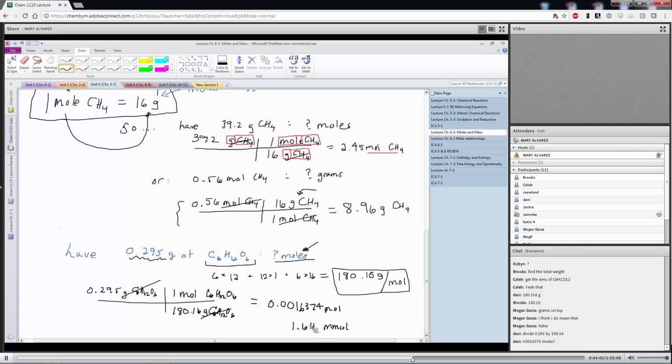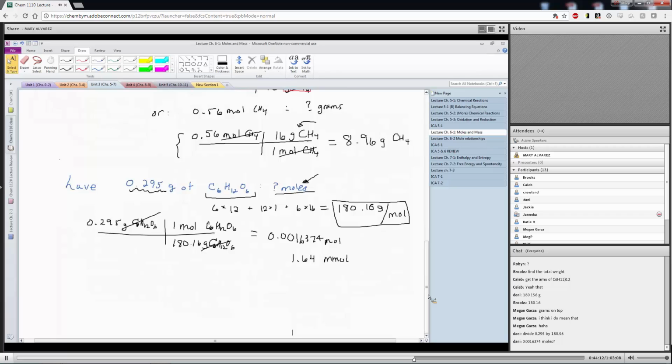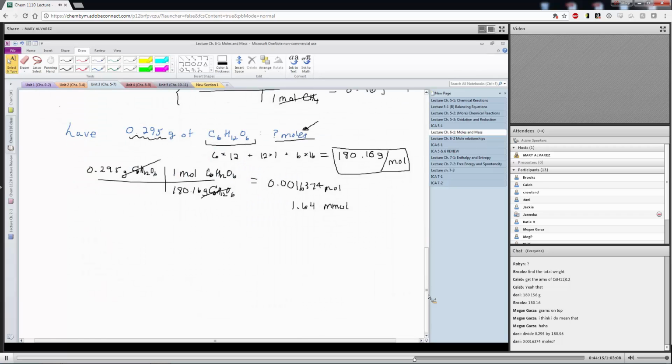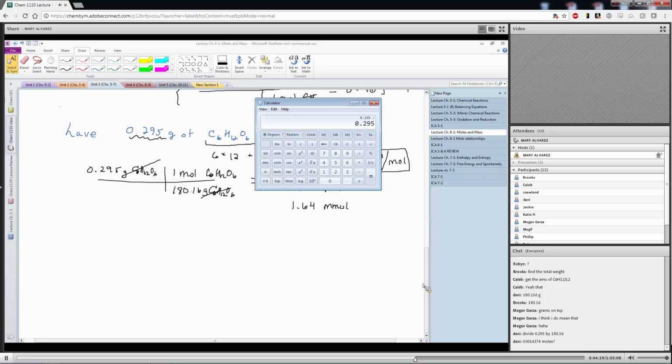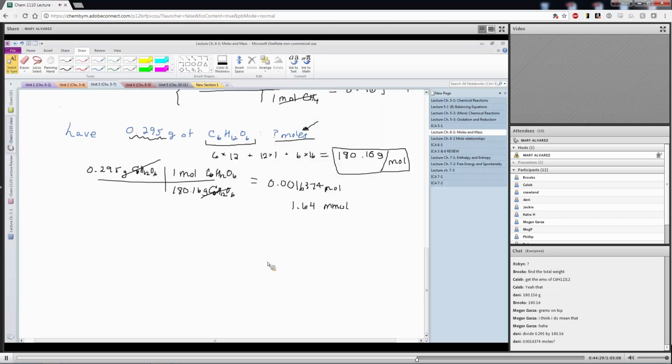But the milli means times 10 to the minus third, so we can move that over. It's another way of looking at it. You guys with me here? We did 0.295 divided by 180.16, and we got 1.64 millimoles as our answer. Excellent.